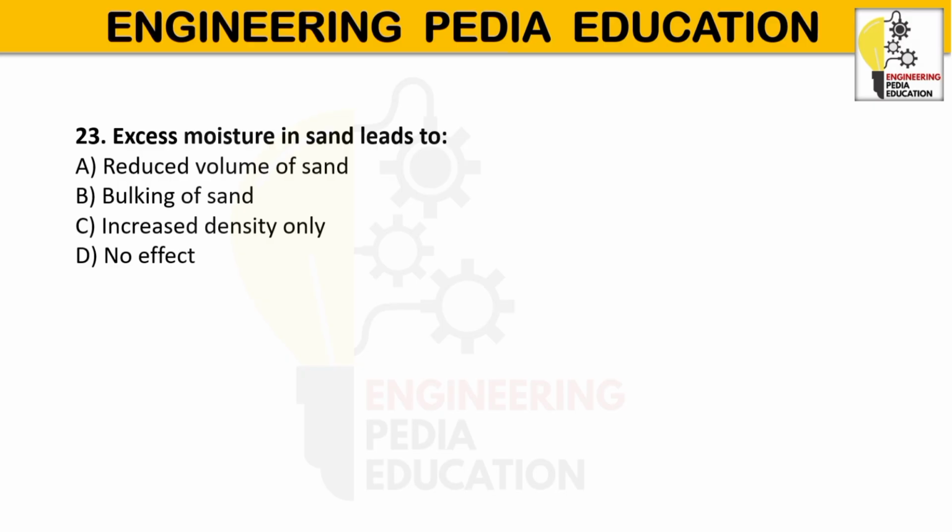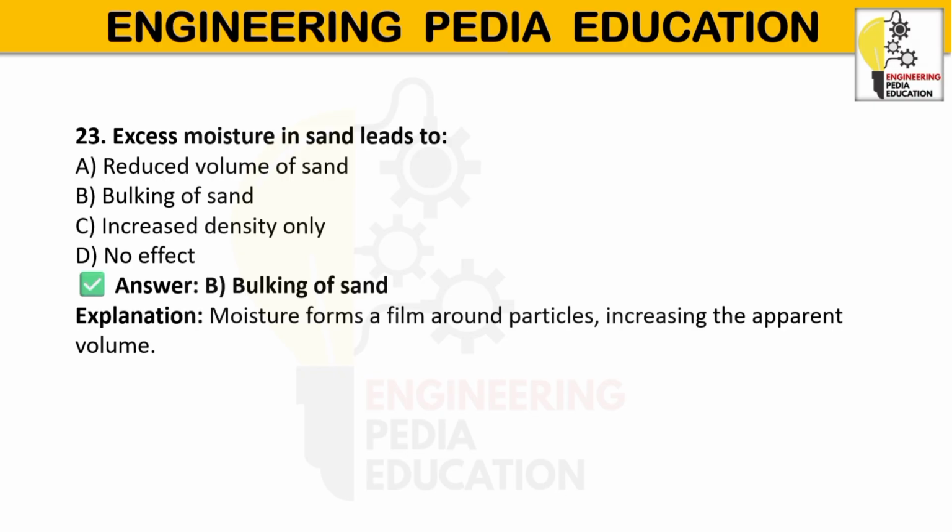Excess moisture in sand leads to reduced volume of sand, bulking of sand, increased density only, no effect. So the correct answer is bulking of sand. Moisture forms a film around particles, increasing the apparent volume, so increasing moisture in sand leads to bulking of sand.